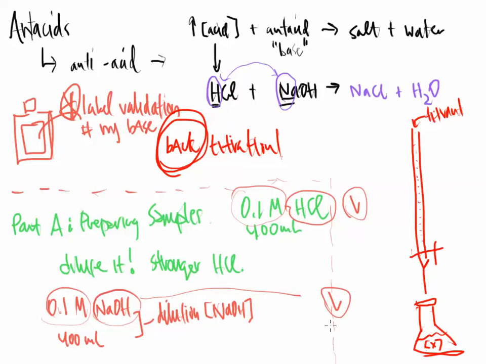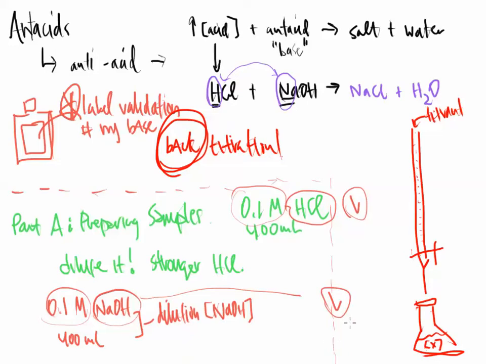So you do not have to make anything in Part A at all. We will put them in stock jugs up in the front of the lab, and this is what you will use for your experiment on that day. So you do not have to dilute anything. You do not have to make these solutions. They will already be done.